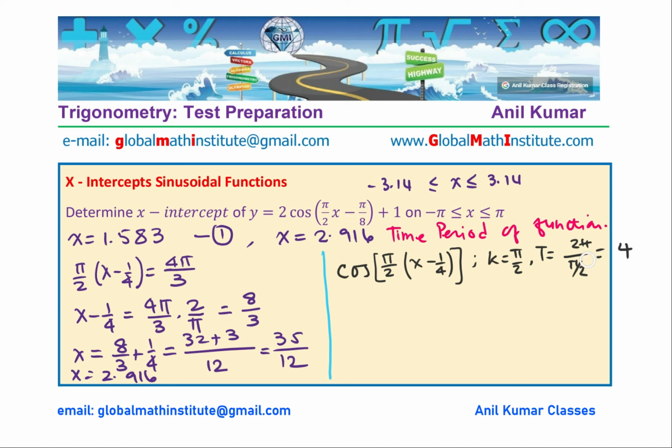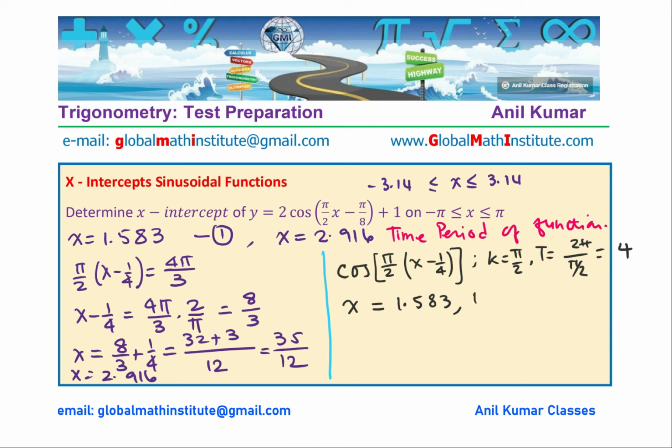Since the period is 4, we can add and subtract 4, right? So we have solutions for x as 1.583, correct? So we could add and subtract 4, but if I add 4, it doesn't make sense, right? So the other could be minus 4, right?